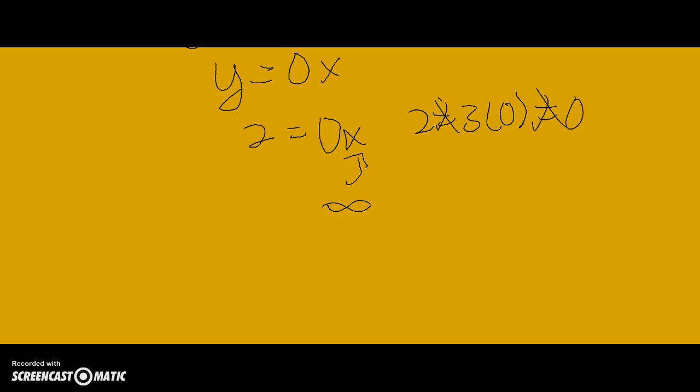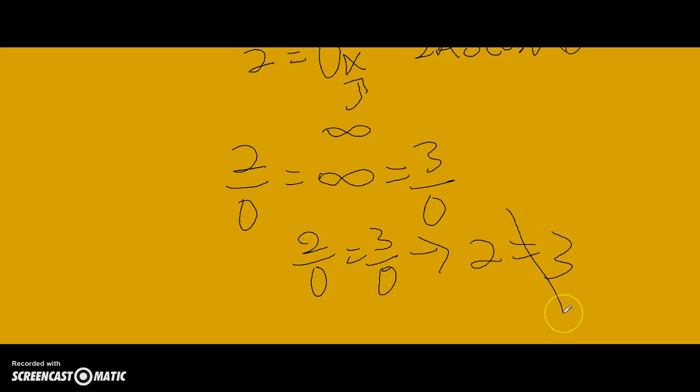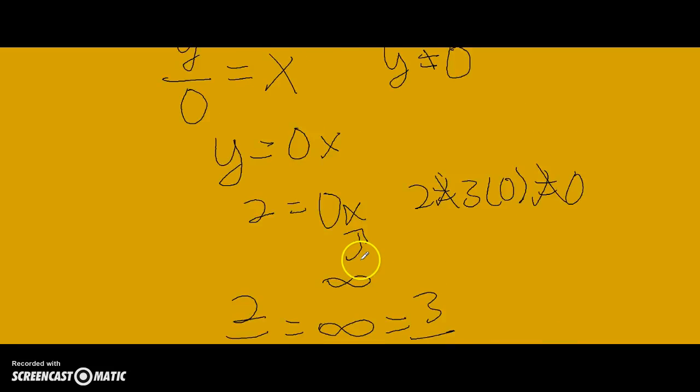And even if you treat it as a number and say infinity times 0 is equal to any number, then 2 over 0 is equal to infinity, and 3 over 0 is also equal to infinity. By this logic you're saying that 2 is equal to 3, which it obviously isn't. So that's the problem with dividing by 0 that way.